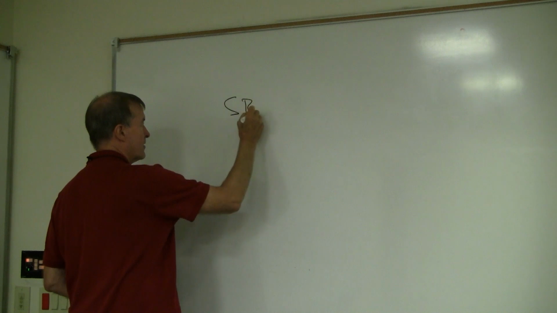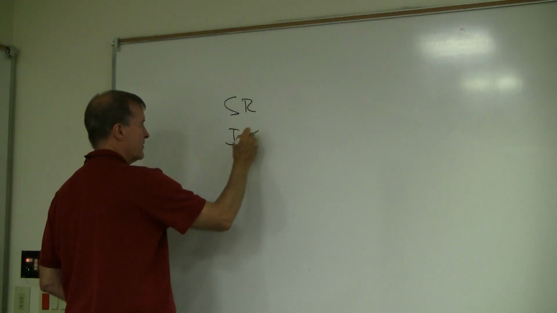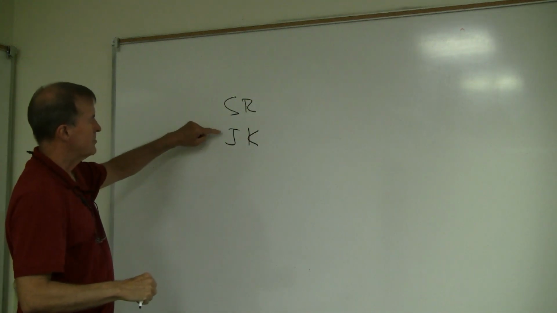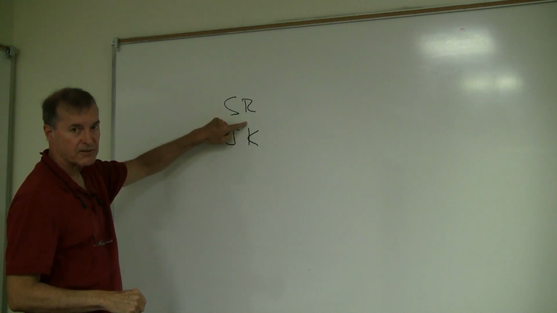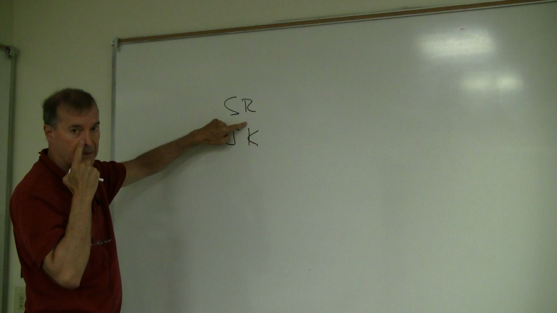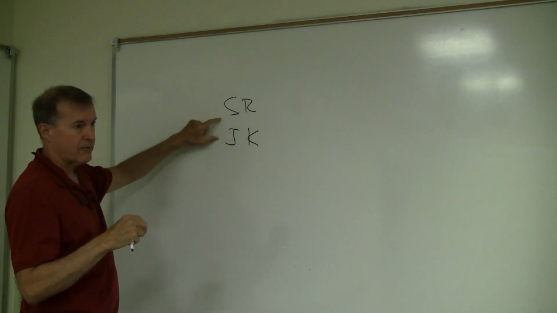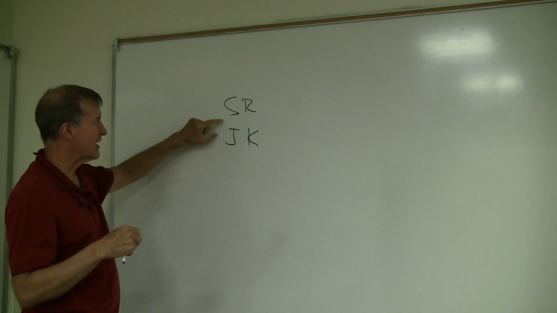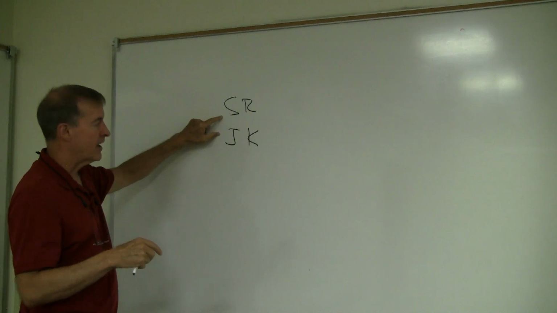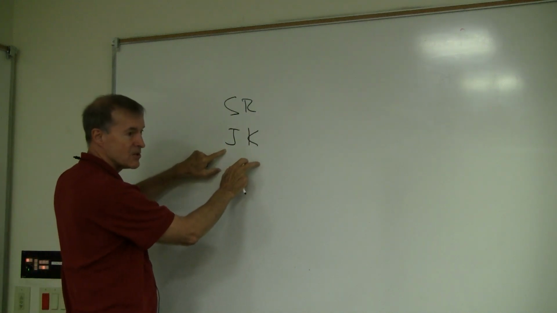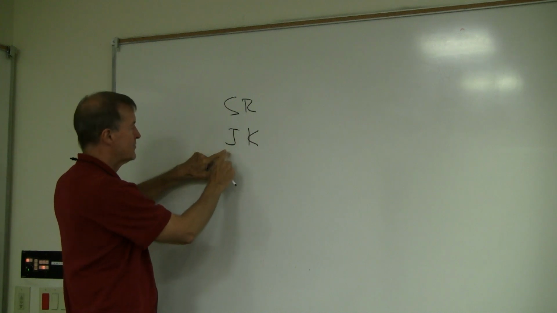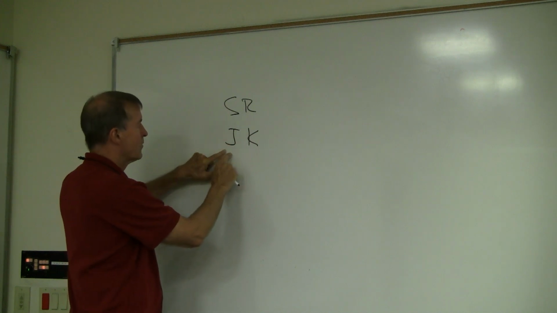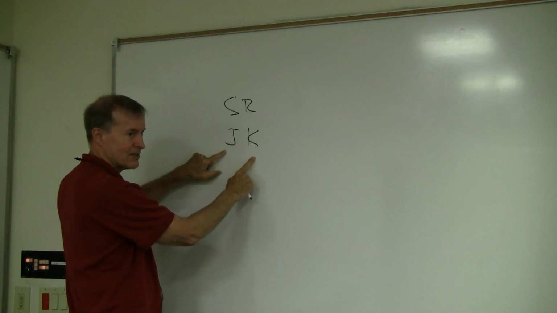And it's like this. Here's SR, here's JK. So what happens is J corresponds to S and K corresponds to R. Are you with me? And for 3 of the conditions, JK and SR are identical. In other words, if JK is 0, 0, what condition is that? No change. If JK is 0, 1, what condition is that?